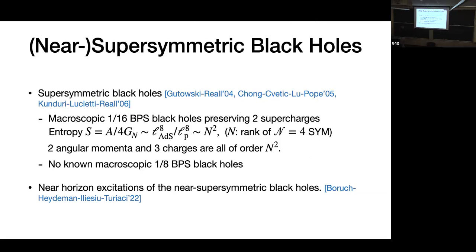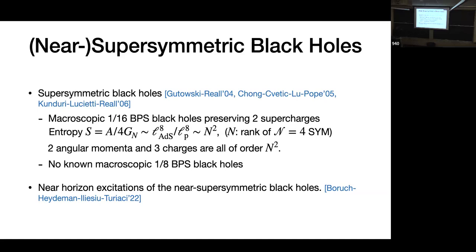Their entropy is given by A over 4G Newton, and it's proportional to N squared, where N is the rank of the gauge group of N=4 super-Yang-Mills. These black holes have 2 angular momenta and 3 charges, and all these angular momenta and charges are of order N squared.